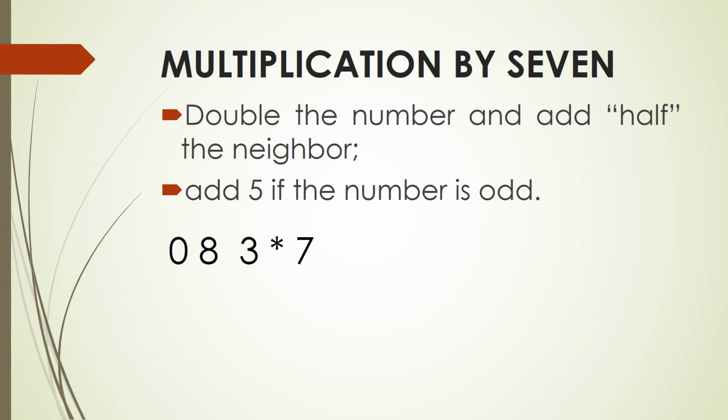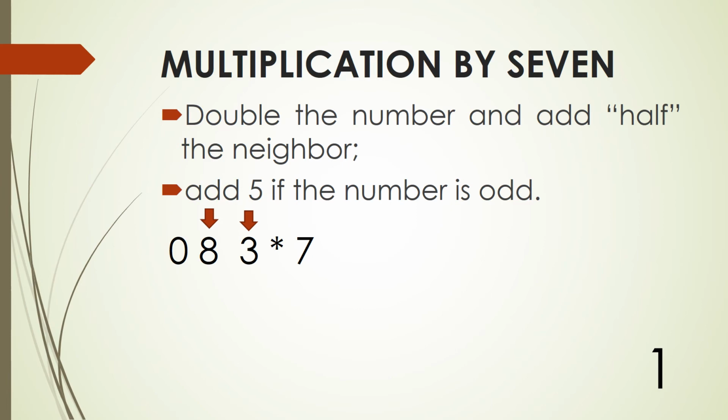In the case, again, we need to double this number. The double of 3 is going to be 6, and we know that the number 3 is an odd number, so we need to add the number 5. The total of that is 11, so we write 1 and carry 1. The next number is going to be 8.